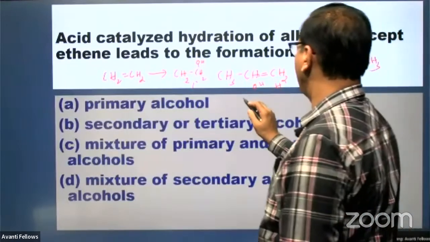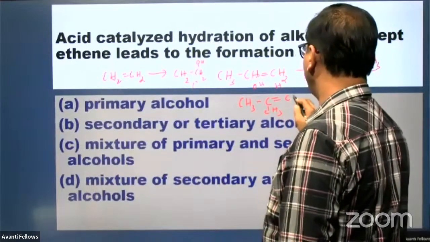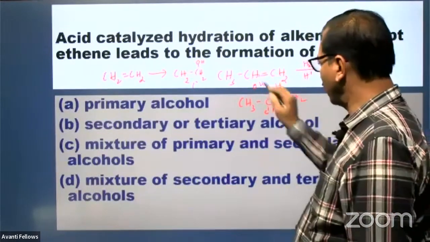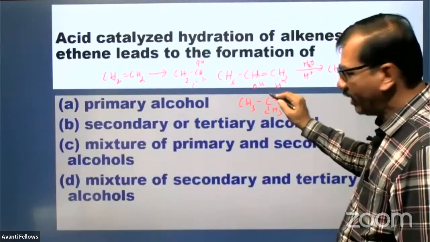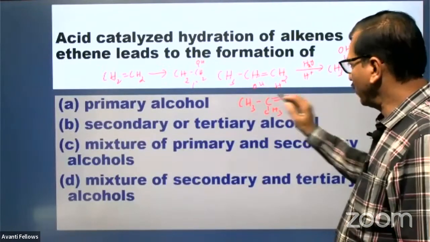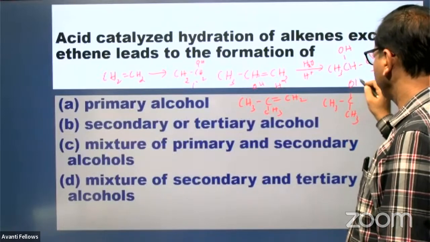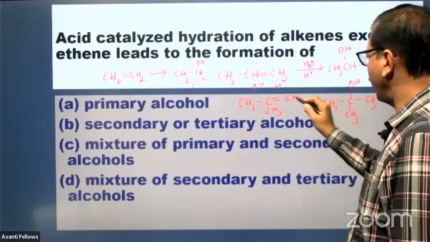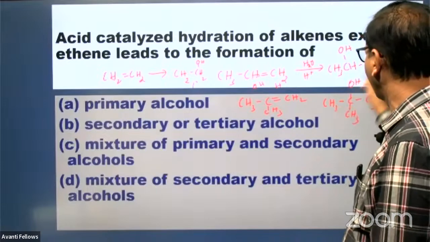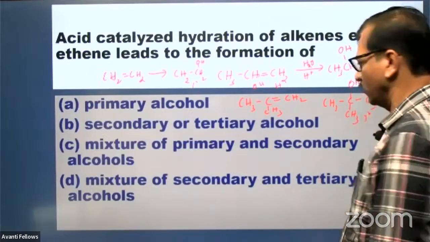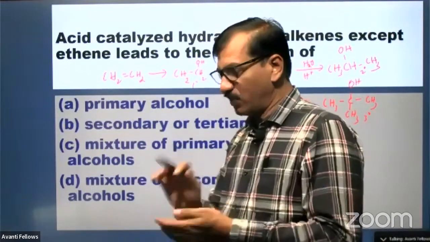And if it is an unsymmetrical alkene having CH3, CH3, double bond CH2, with CH3 instead of H, then OH should be added to this carbon atom: CH3, CH3, OH, and CH3. H is added here and OH here. Remember, Markovnikov addition is followed, OH is added here. This is secondary or this is tertiary. So either secondary or tertiary is being made, not a mixture.